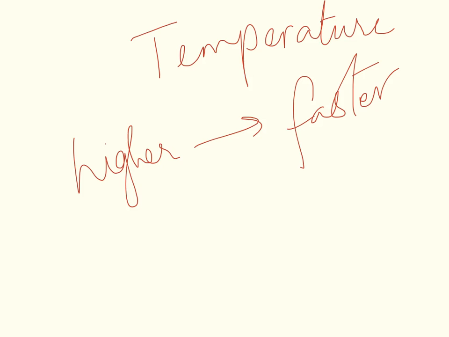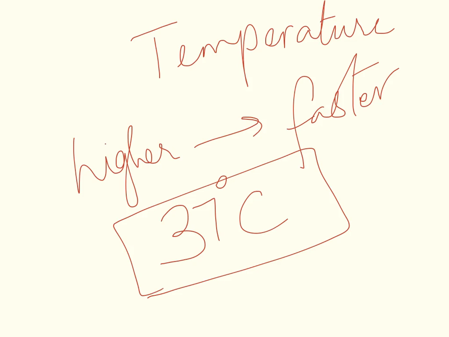Now, enzymes are most active at optimum temperature, which is 37 degrees Celsius, or body temperature. Okay, above 50 degrees, the tertiary structure and thus the shape of the protein is destroyed, because the movement of the molecules is faster, with higher energy.